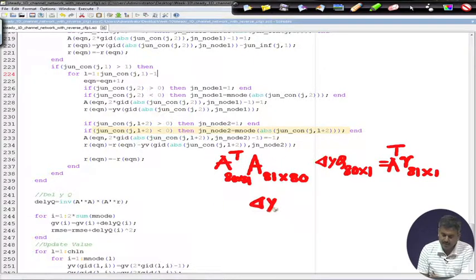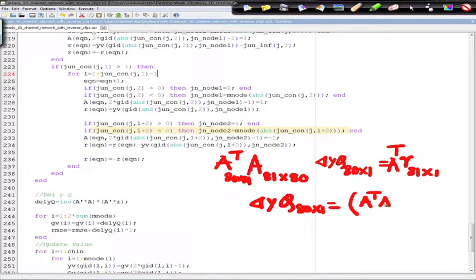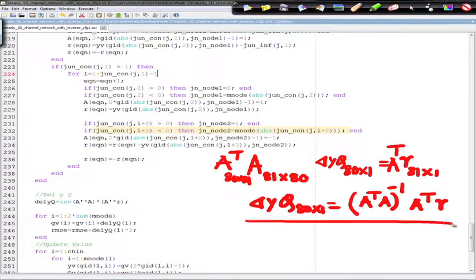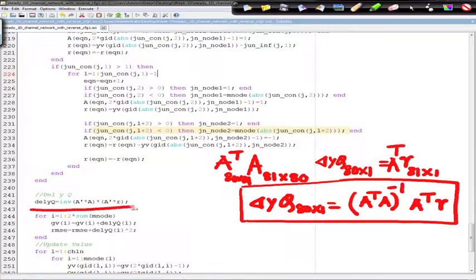Now, del YQ 80 into 1 equals A transpose A inverse into A transpose R. So, size is 80 into 1. So, this is the calculation here. We are considering inverse of this one.